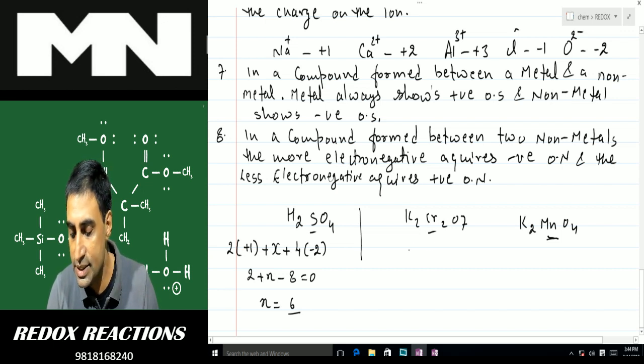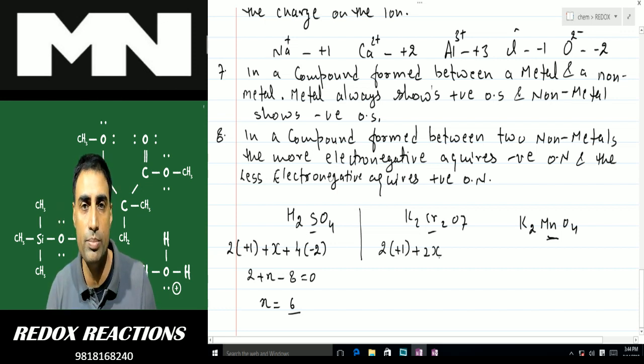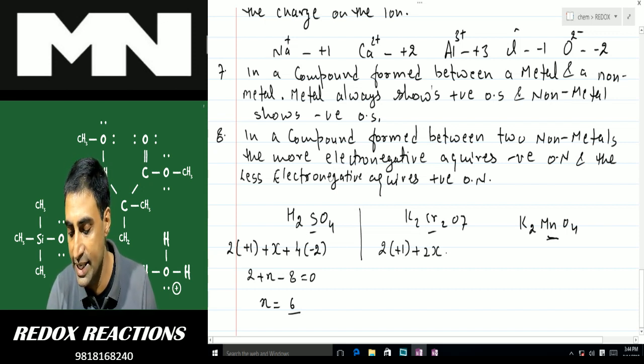Likewise, in K2Cr2O7, potassium belongs to the first group, and all first group elements exhibit an oxidation number of +1. So here it is 2 into +1 plus 2 into X, because here you have 2 chromium, and by default the oxidation number of one of the chromium we are considering as X, plus 7 into -2.